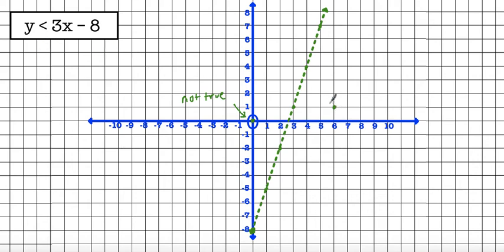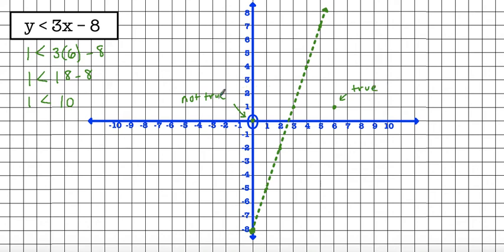If we're picking the coordinate 6, 1, our y value is 1. So 1 is less than 3 times 6 minus 8. So 1 is less than 3 times 6 is 18 minus 8. So 1 is less than 10, which is true. So this coordinate gives us a true statement.